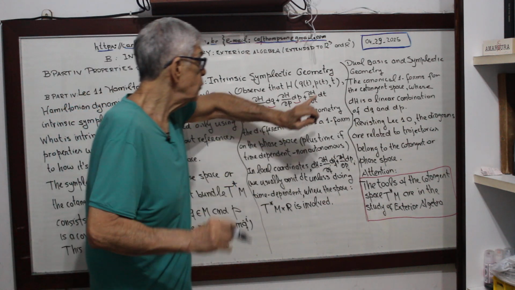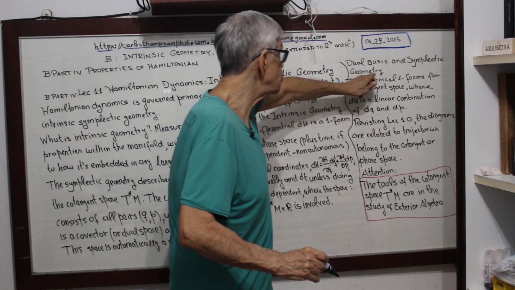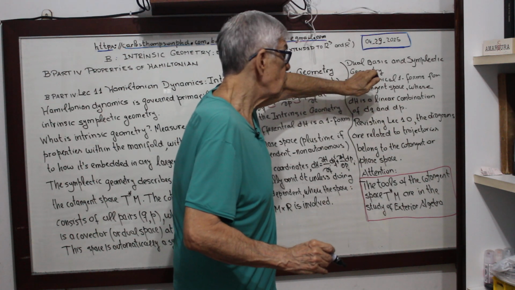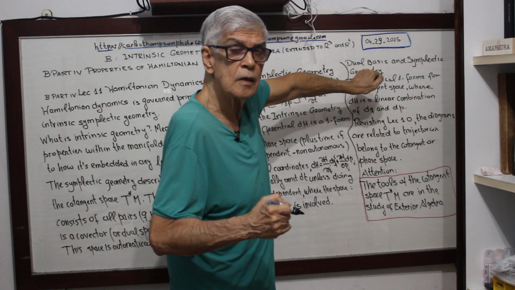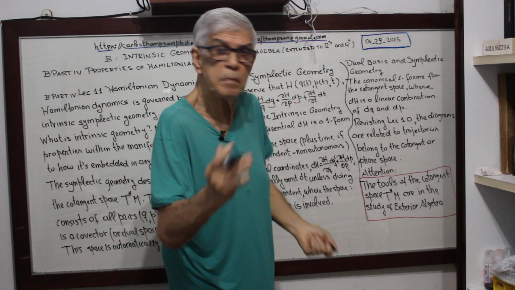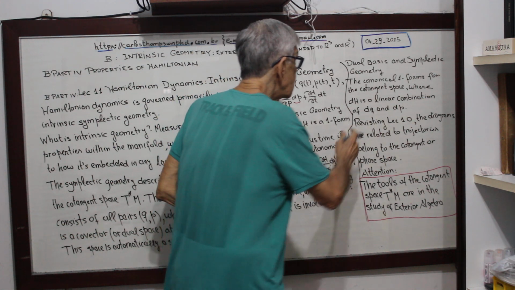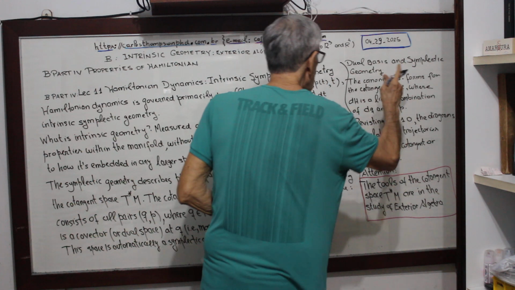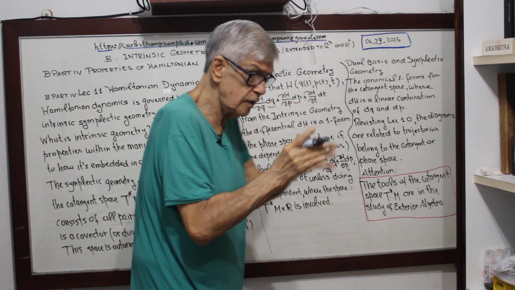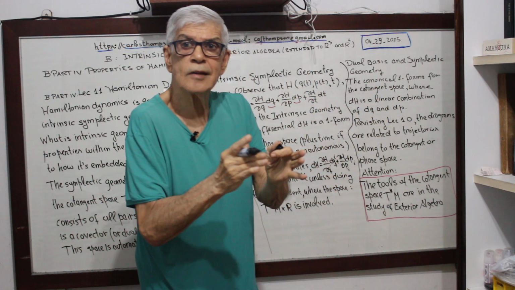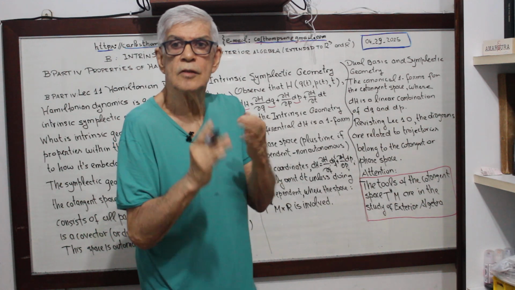Now, dual basis and symplectic geometry. What are the dual bases here? It's just dq and dp. The canonical one-form is d acting on a scalar, in this case dH.